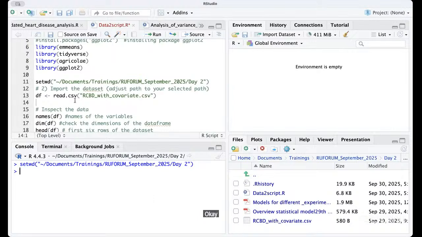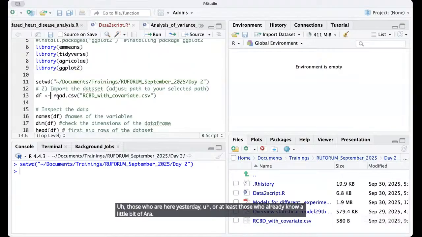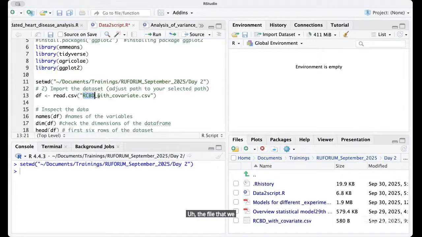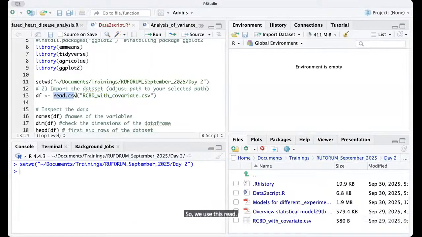Okay, so we can go to this line here. For those who were here yesterday, or who already know a little bit of R, this is the name of the file that we want to read, and you can see that it is present in our working directory. So we use read.csv.